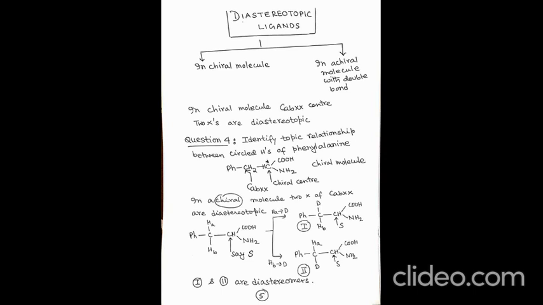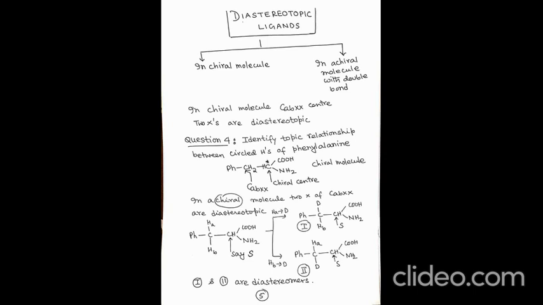Phenylalanine is a chiral amino acid, and the two hydrogens are present on one carbon of CABXX type, where A is the chiral center, B is the phenyl, these two being non-identical groups, and X is the hydrogen. So definitely the two hydrogens will be diastereotopic.